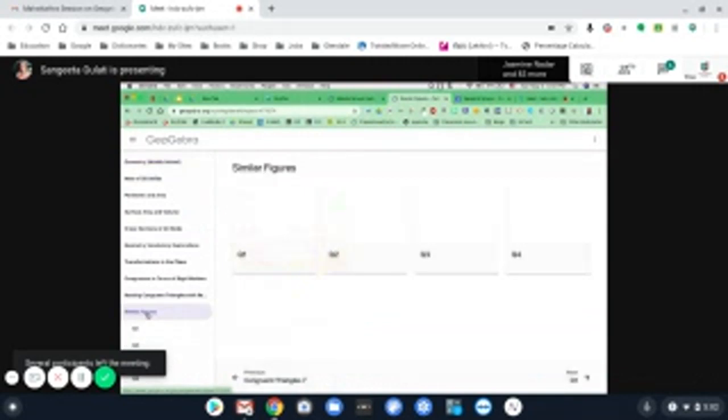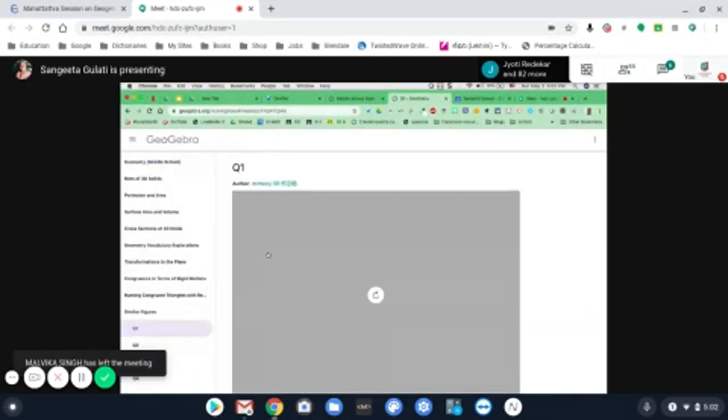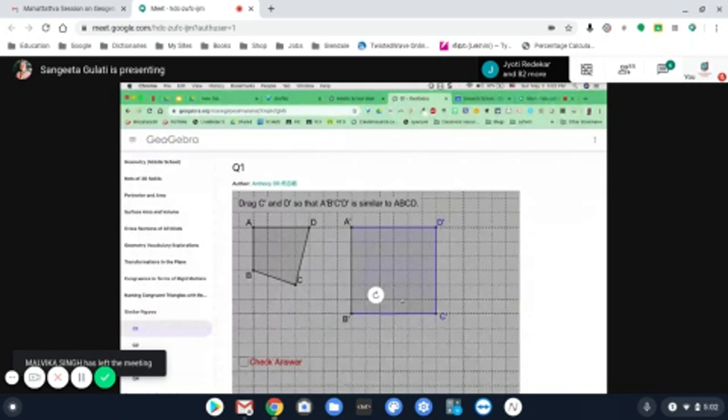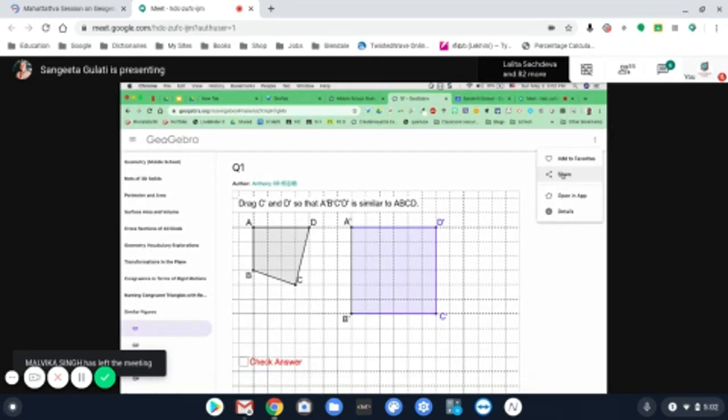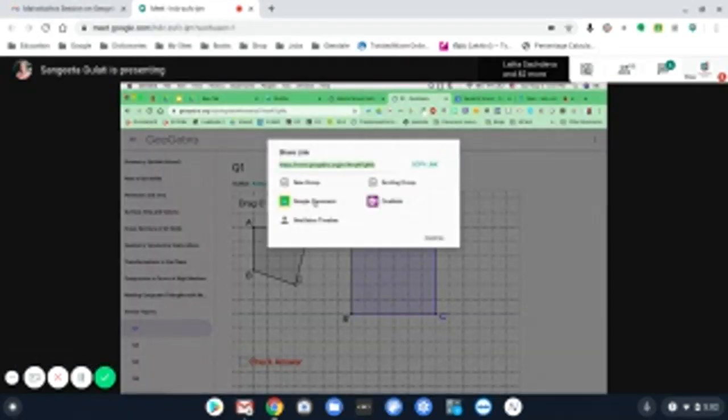So if you pick any one of them that you like and you want children to experience and do it, then there is a possibility of sharing this activity. When you click on share, you can assign these activities through Google Classroom as well. Wow.